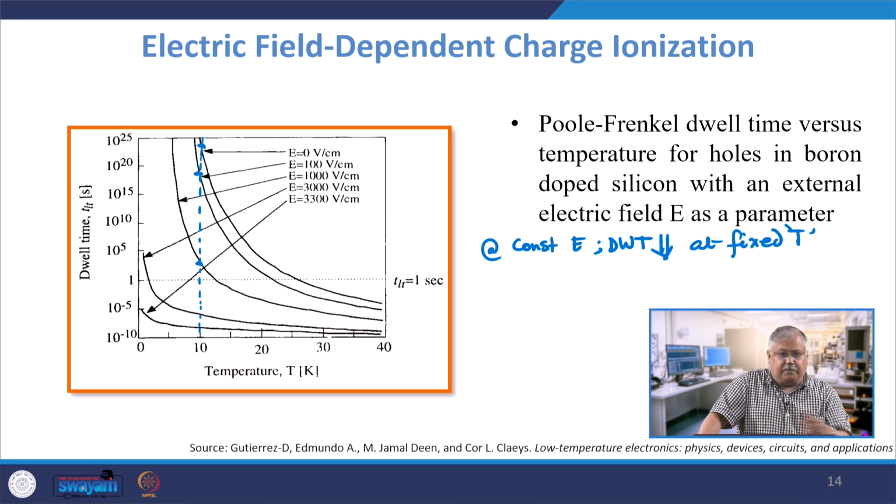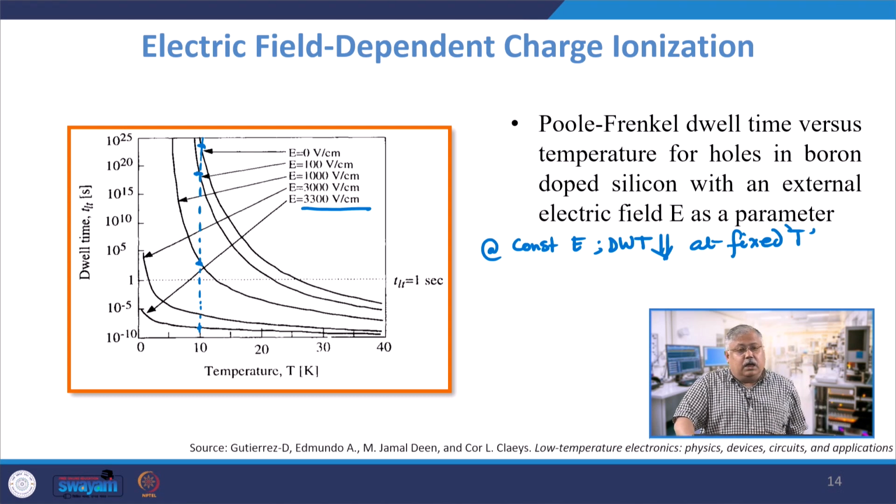So, it is basically a hyperbolic curve which you see here. Similarly, at 10 Kelvin, if you look at 3300 volts per centimeter electric field, you see the dwell time has come to almost 10 to the power minus 10, almost like a 40 Kelvin behavior, right, and that is quite critical. Why is it critical?